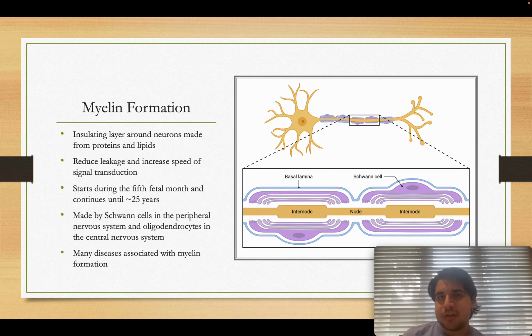If you don't know, the central nervous system basically comprises the brain and also the spinal cord. And as you can see, here is a diagram of a neuron surrounded by the myelin sheath that the Schwann cells are secreting.